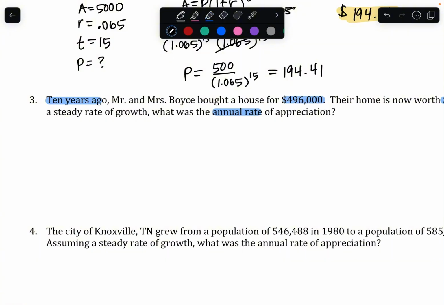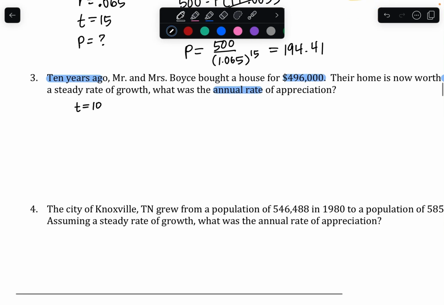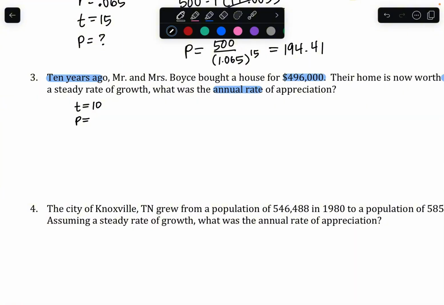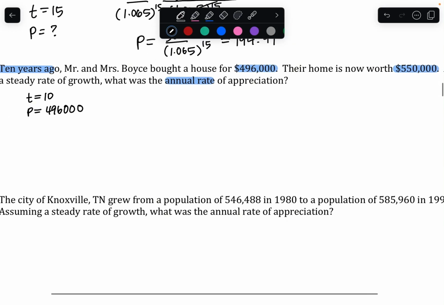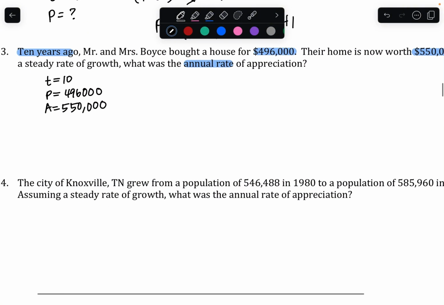Okay, and so looking at what we're given, we see T is 10. 10 years have passed, and the present value at that time was $496,000. And then the future value is $550,000, since we are in the future. And so we don't know R this time. Okay, and so let's write down our formula.